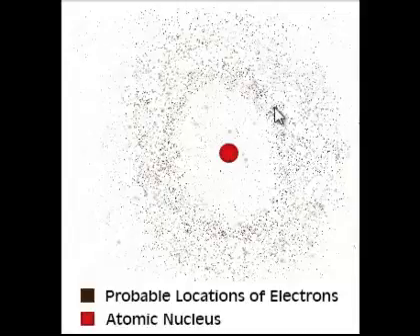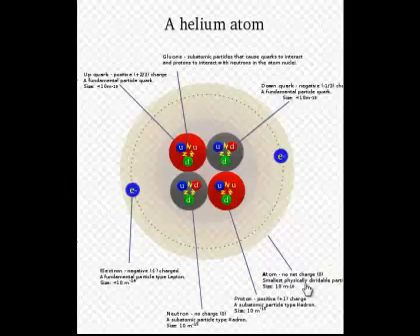The electron cloud is an area about 100,000 times larger than the diameter of the nucleus, so they have a large area to move around, but there's a higher probability that the electrons are in a certain place compared to other areas where there's less of a chance that we'll find electrons. And so that's what these dots are showing you, that there's a higher probability of where the electron can be found at any given moment compared to a lesser chance.